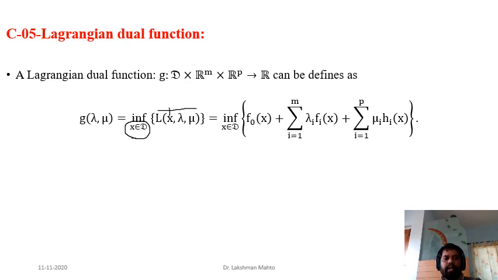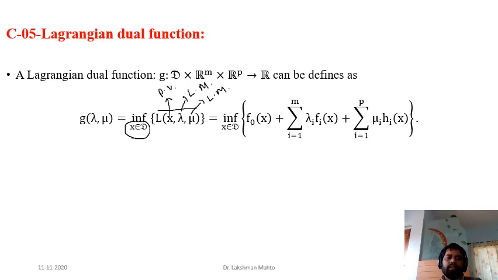First, variable x, which comes directly from the primal problem, so you can call it the primal variable, in short p.v., and lambda. All these are Lagrange multipliers. Mu is also a Lagrange multiplier, but later I will call this a dual variable. So right now just call it Lagrange multiplier.